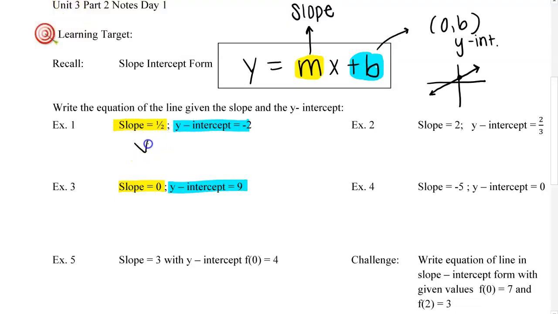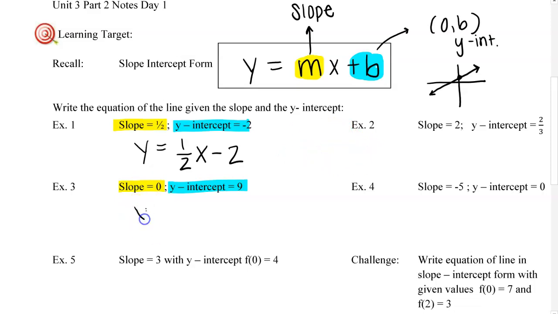So for the first example, y equals, instead of an m, I would put a 1/2 because that's my slope, x, and then our y-intercept is -2, so we're going to write -2. Writing it this way is not incorrect, but we try to only have one sign between our slope and our y-intercept, so we would keep it just as a -2.